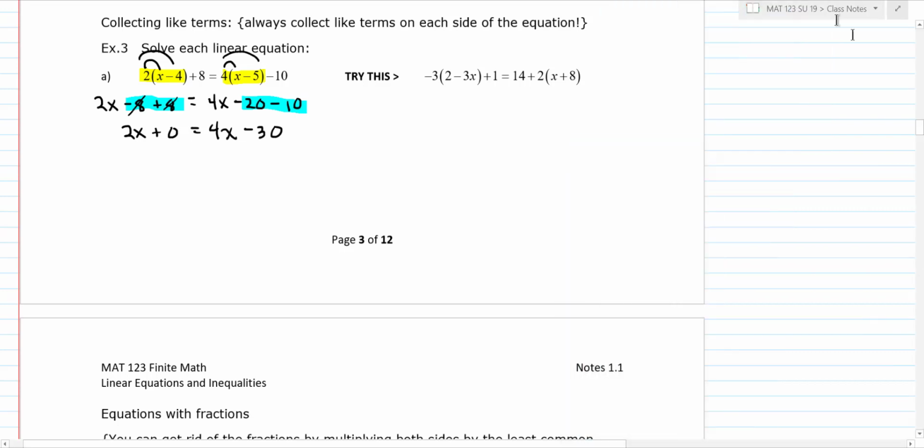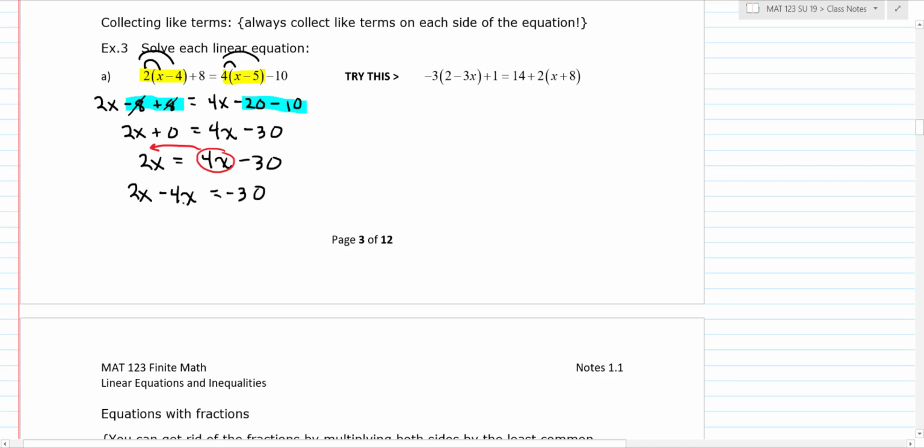All right, so what I'm going to do next is this is 2x plus 0 is just 2x equals 4x minus 30. Now what I'm going to do is I want that x to move over here, so all of the x's are on the left side. So we have 2x, that changes sign to minus 4x, then the negative 30, we leave that alone, okay?